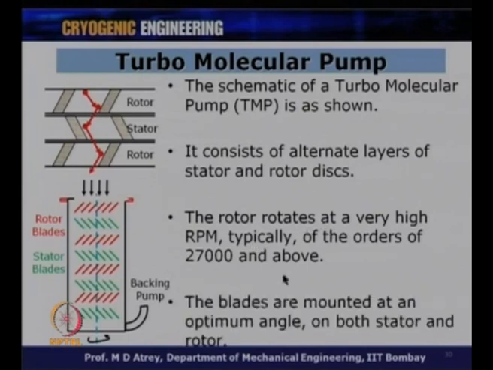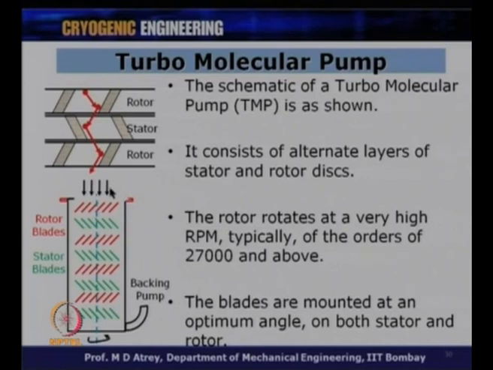Now here we have various blades, the rotor blades and the stator blades, and the blades are mounted at an optimum angle. The angle over here ensures that the gas from the space to be evacuated is going to move in a downward direction.